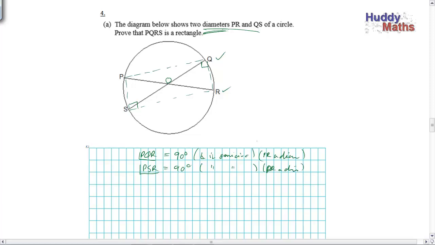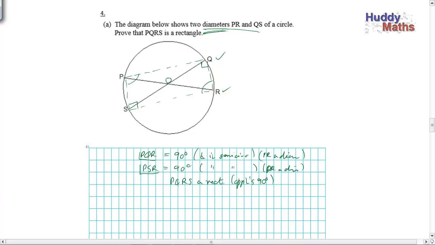Okay, so therefore, what you've got is a rectangle, PQRS, a rectangle, and you could sort of justify that by saying just opposite angles are 90. But what you can say is that the 180 is split between these two, and they are also 90.